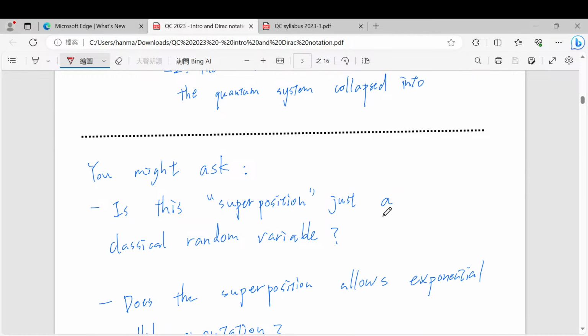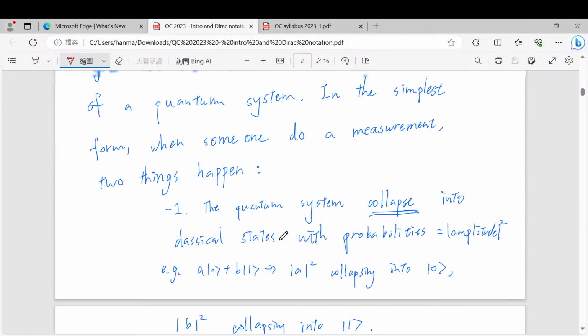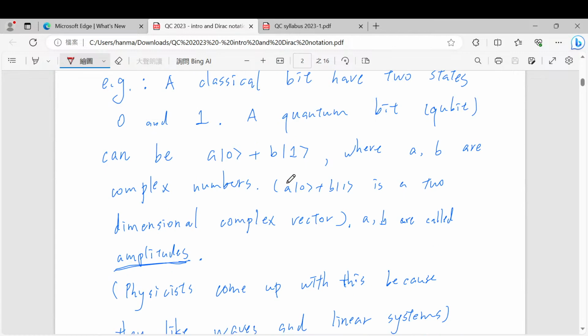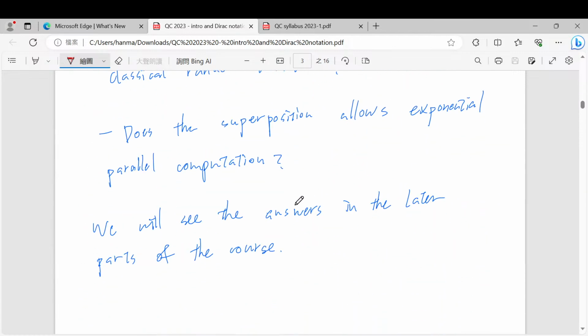So maybe everything is just a classical random variable. Also, you might hear that superposition allows exponential parallel computation because there is an exponentially large space in the number of qubits. Okay. This question will be answered in the later part of the course.